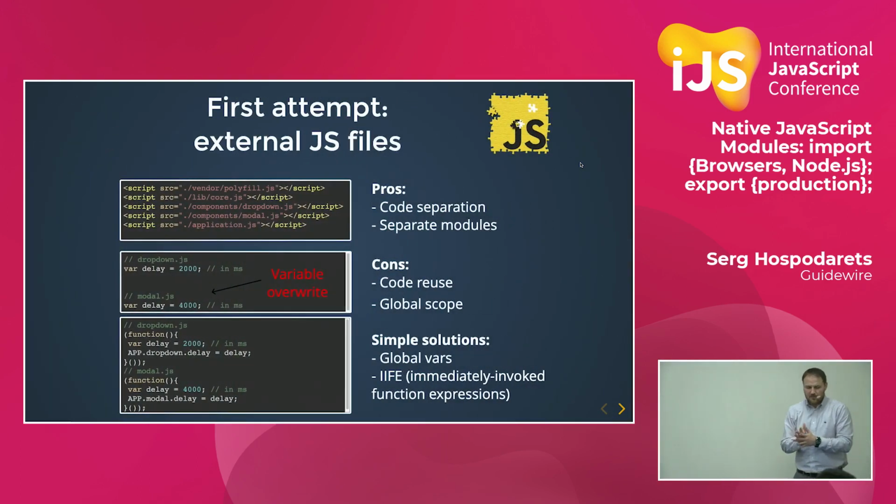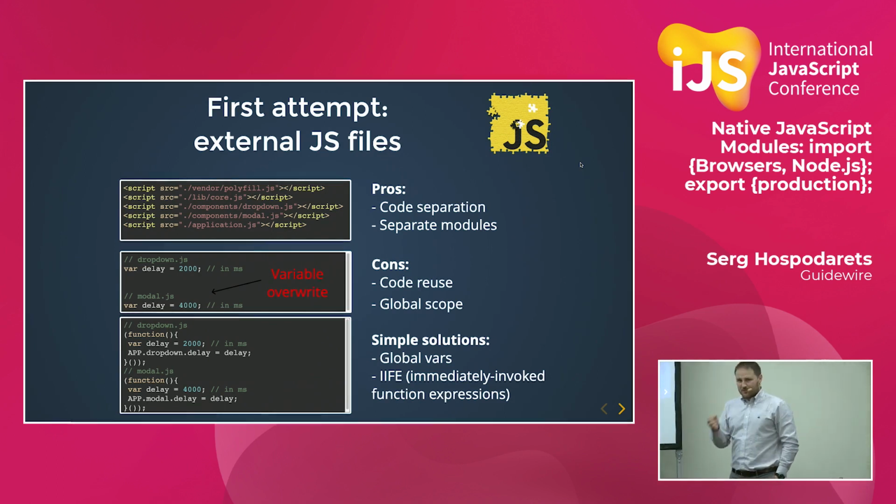The first attempt was quite easy: external JavaScript files. You could include separate files: in one file some vendor stuff and polyfills, in a second file one component, in a third another component. Some code separation was there, but code reuse was scrappy. You could reuse some functions, and the worst part was the global scope.